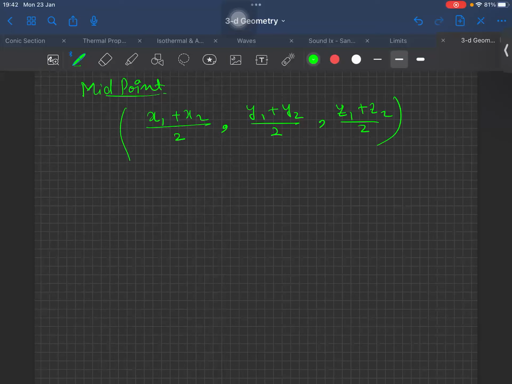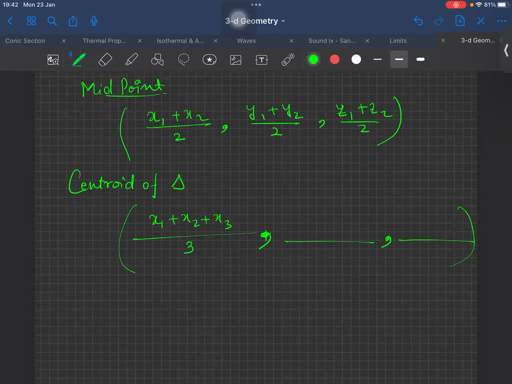We've also found the centroid of a triangle. The centroid of a triangle is (x1 plus x2 plus x3), if these three are the coordinates of the vertices, divided by 3. And similarly, you will write for y and for z.